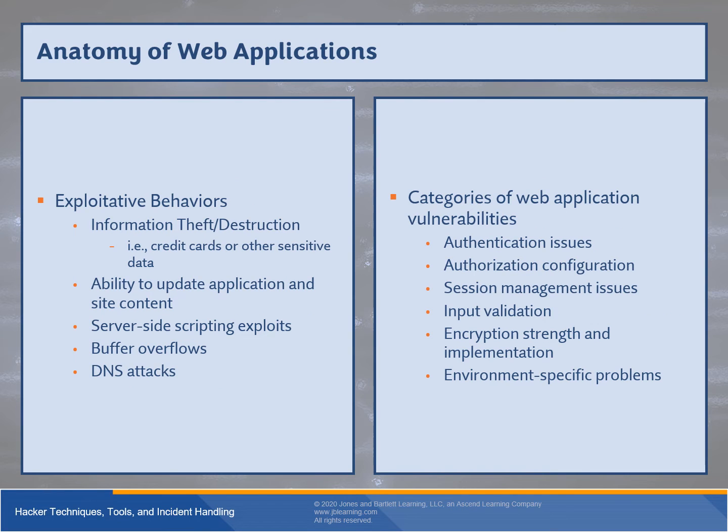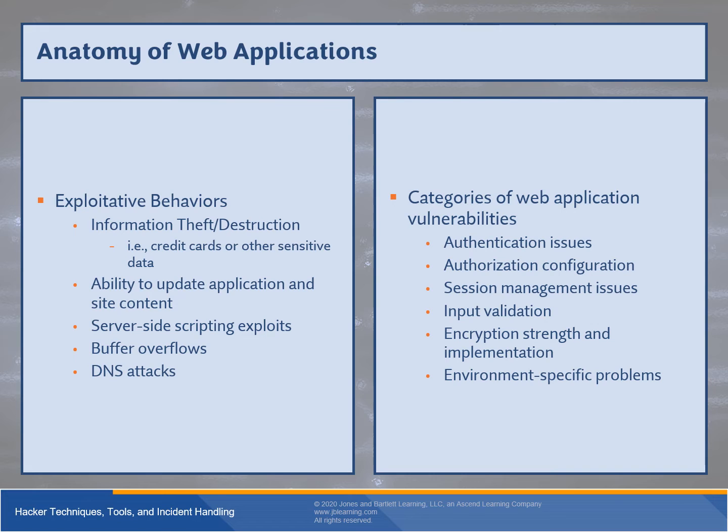So in web applications, we have some exploitative behaviors to be concerned with, of course: information theft and destruction, credit cards, other types of sensitive data, and passwords, of course. The ability to update the application and site content, buffer overflows, server-side scripting exploits, DNS attacks.